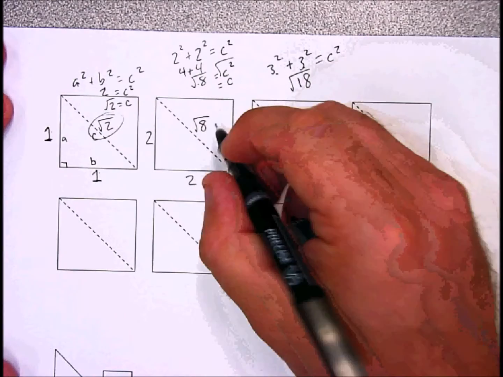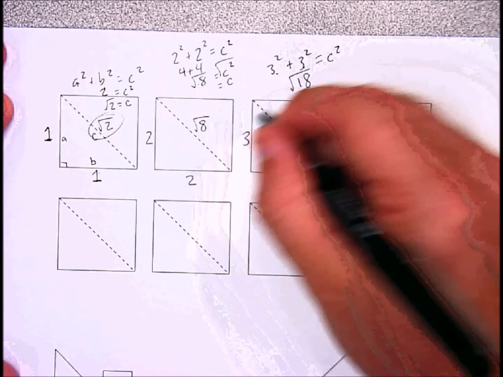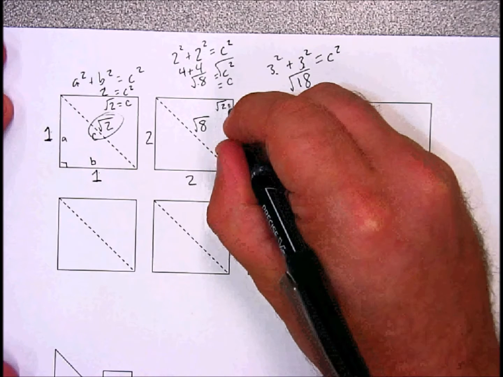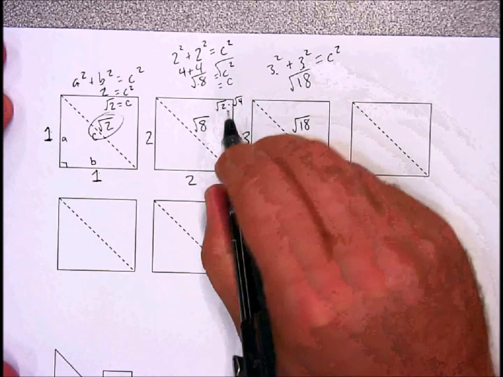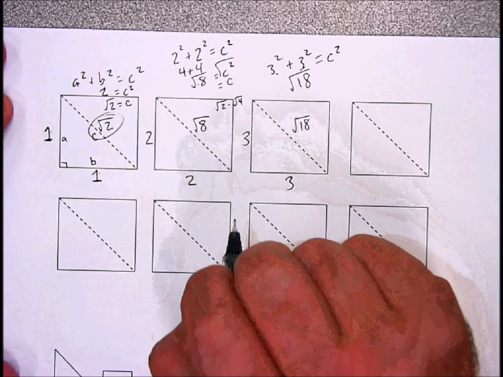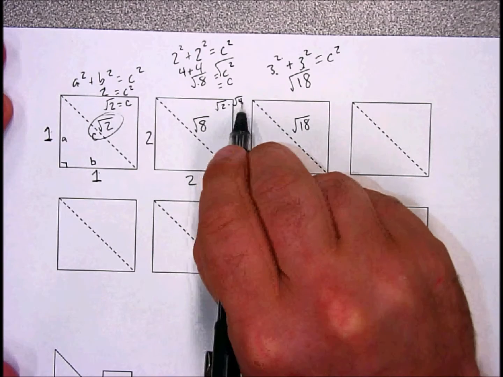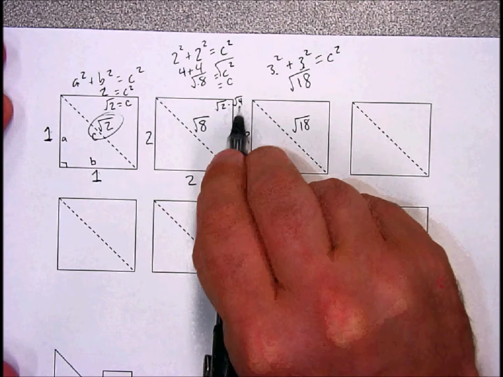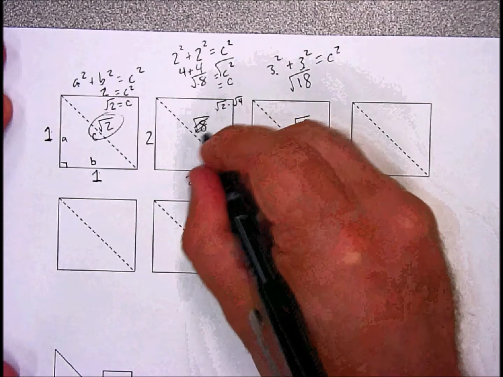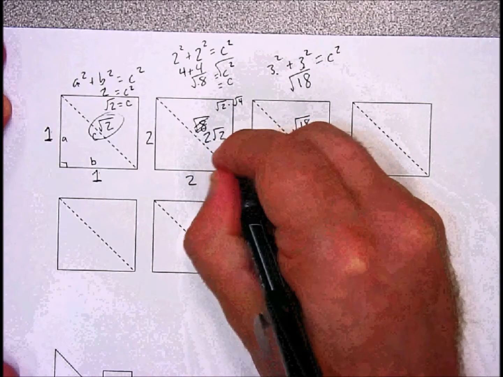And so, this square root 8 can actually become the square root of 2 times the square root of 4, right? 2 times 4 is 8, so square root 2 times square root 4 is square root 8. And this square root 4 really simplifies down to a 2. So I've got 2 times square root 2. So I'm going to rewrite this as 2 square root 2.